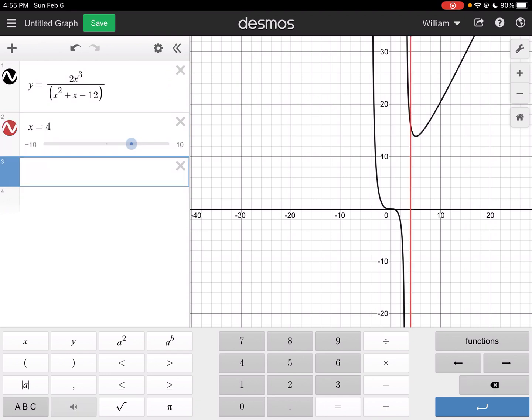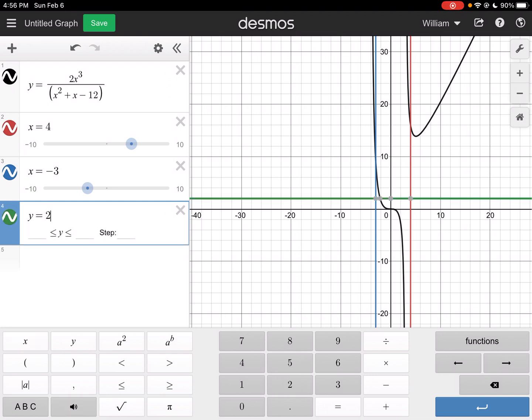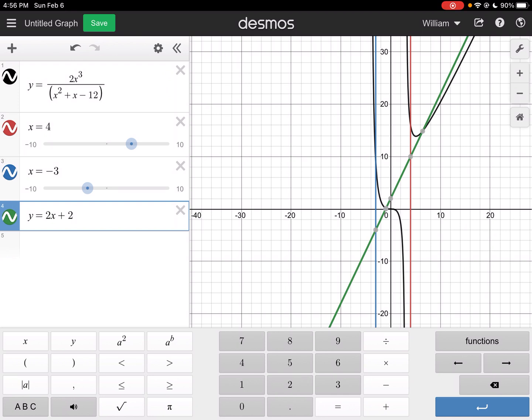And then x equals negative 3. And y equals 2x plus 2, so I can see those asymptotes. There, you can see where they are.